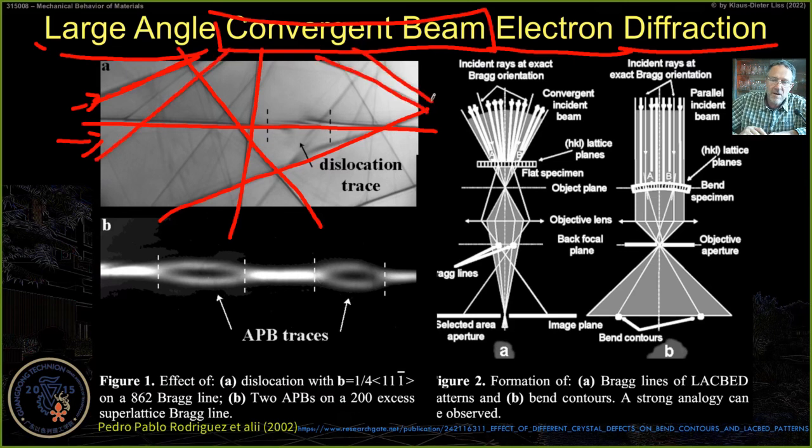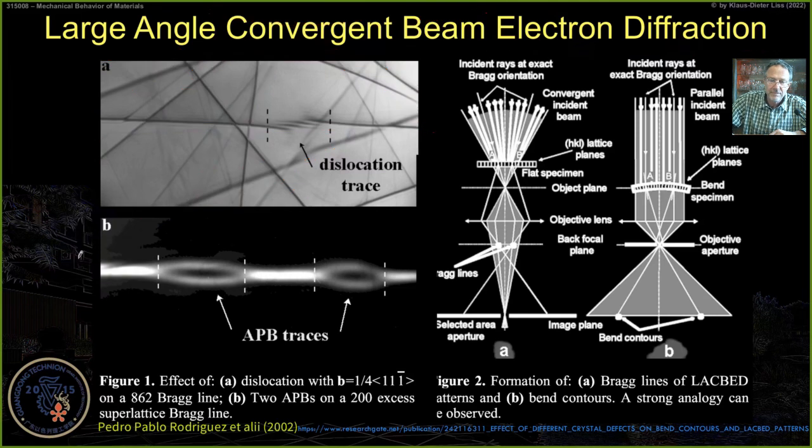And we have the strong lines for lower index HKLs, and then we have the weaker lines for typically higher index HKLs. You know the structure factor plays a role in diffraction. The structure factor, if you go to higher Q, higher HKL, the lines become weaker, or the structure factor becomes weaker. Interestingly now, we see some areas in the line, like between these dotted lines, where we have a distortion of this horizontal line. This is the horizontal Bragg line.